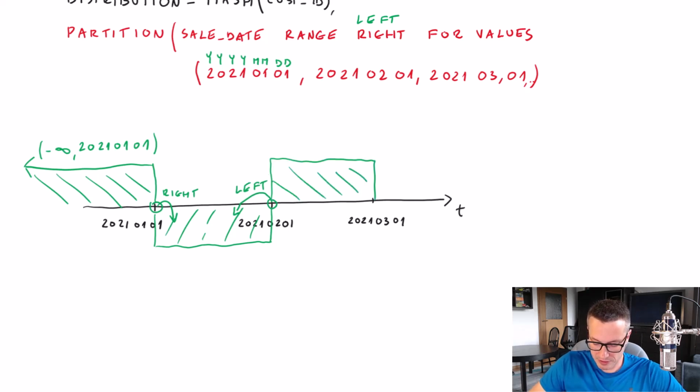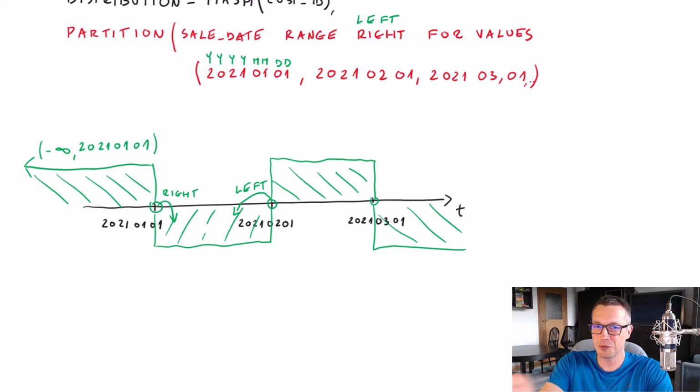So in our case, by using those 3 boundary points, we defined 4 partitions. There is always one more partition than the number of boundary points. And simply that's how partitioning works. And in real life, in case of smaller tables, you don't have to bother with partitioning at all.